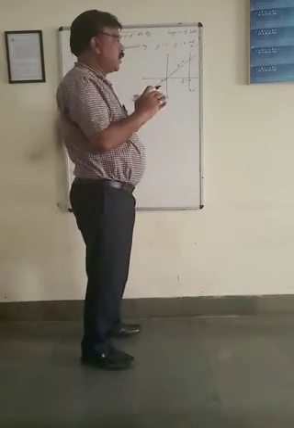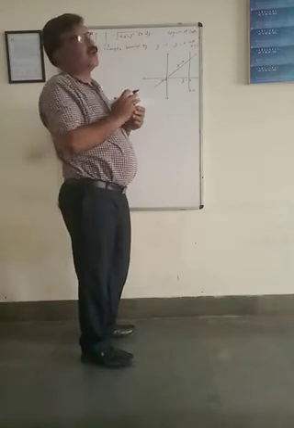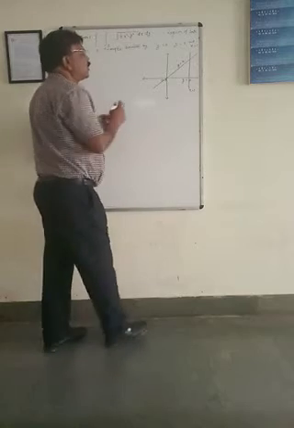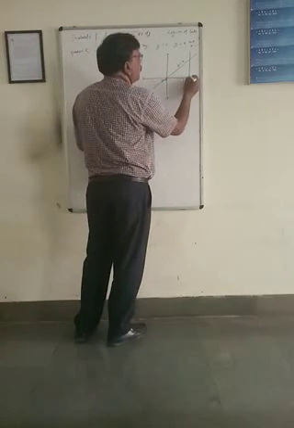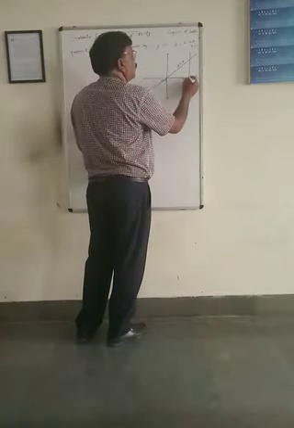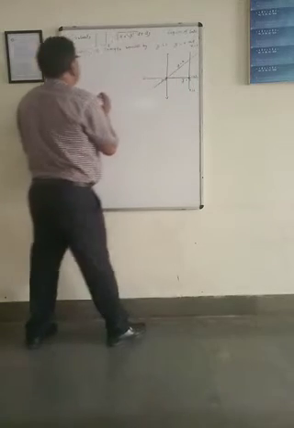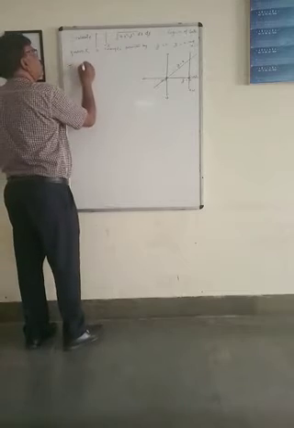So for the area bounded by these lines, we have to find the value of this integration. So in this case, x lies from 0 to 1. The coordinate of this point is 1, 0. So x lies from 0 to 1.